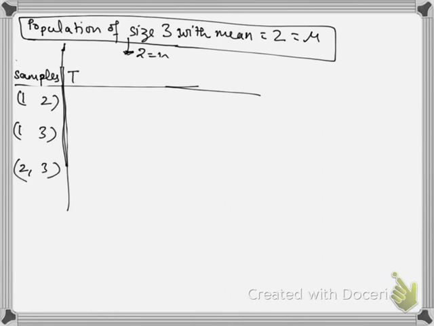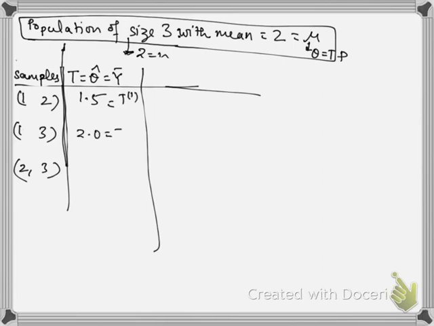Now, because I'm interested in mu, this is my theta, or the target parameter. So T here is theta hat, which is y bar. The mean of 1 and 2 is 1.5. That's my T1. 1 and 3 will give me 2. That's my T2. This will give me 2.5. That's my T3.